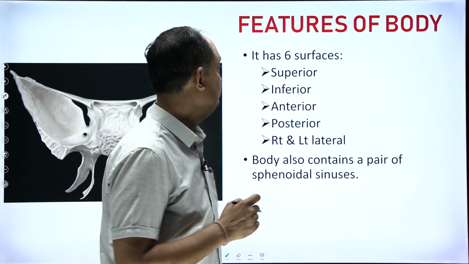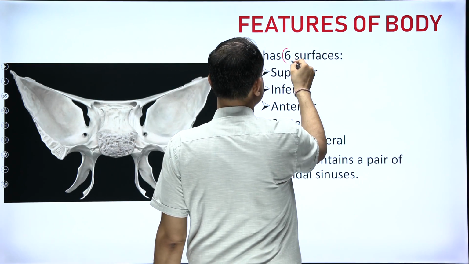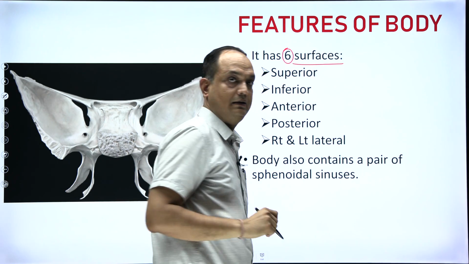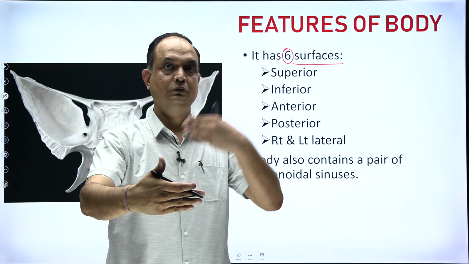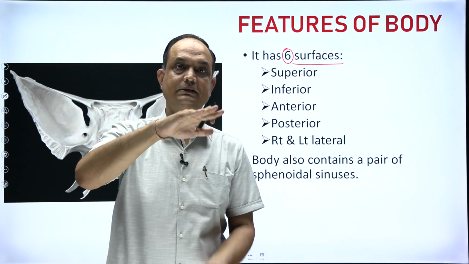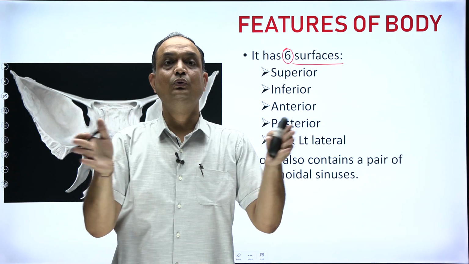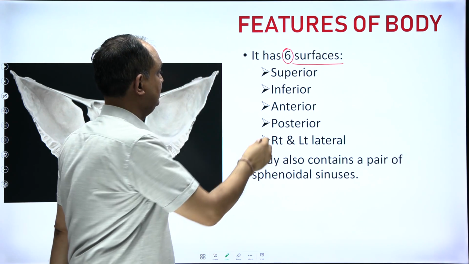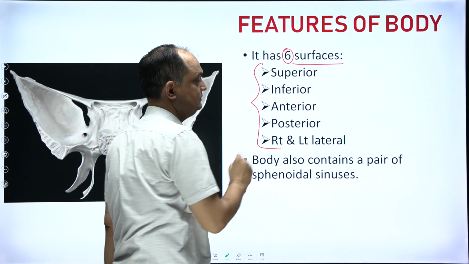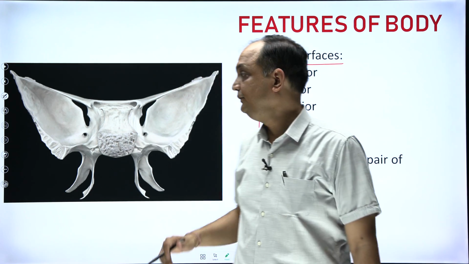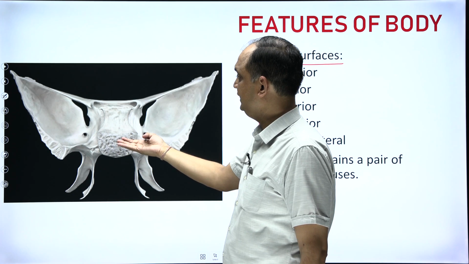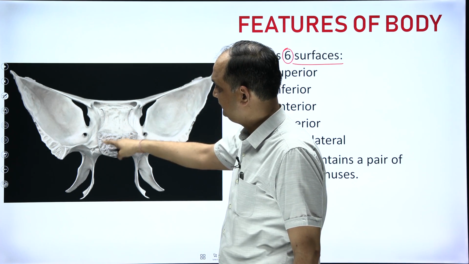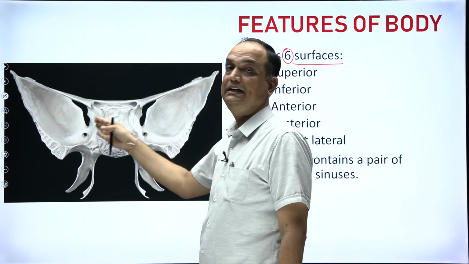Now we will move to the next part of this session. When you have the bone in your hand, the body is a 6-surfaced area. It is like a box. It has an anterior surface, posterior surface, superior surface, inferior surface and 2 lateral sides. This is the superior surface, that is the inferior surface, this is the anterior surface, this is the posterior surface, and 2 side surfaces.